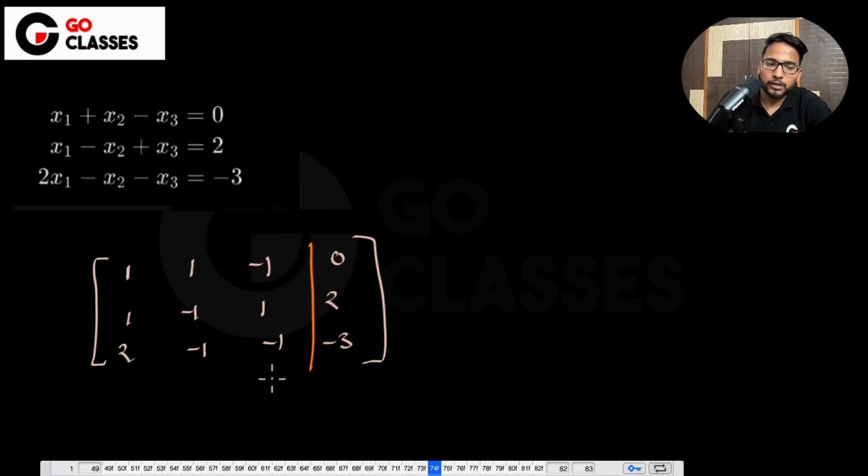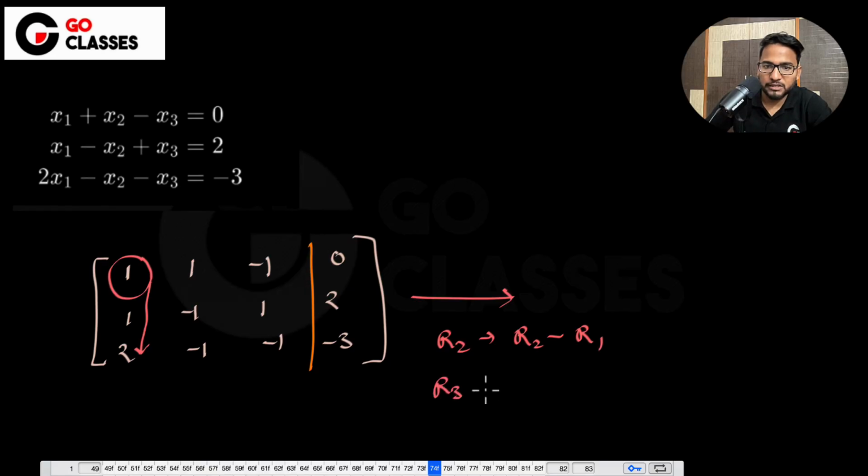Now you can convert this into echelon form. So below the first pivot, write all the zeros, which means you need to replace R2 by R2 minus R1. Similarly, you need to replace R3 by R3 minus 2R1. That is the operation you can use, by which you will be making these two zeros.